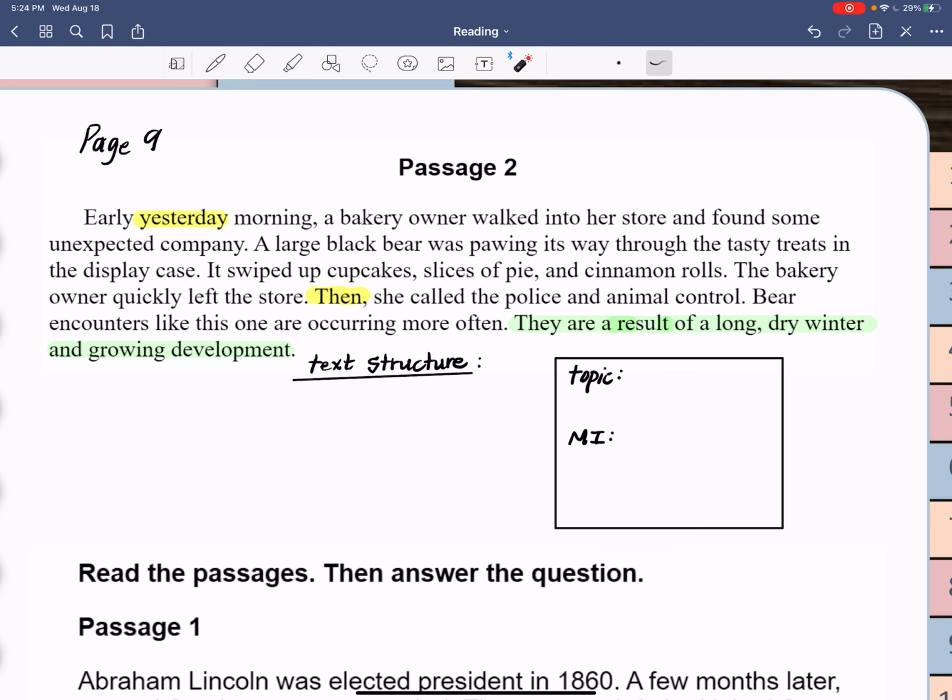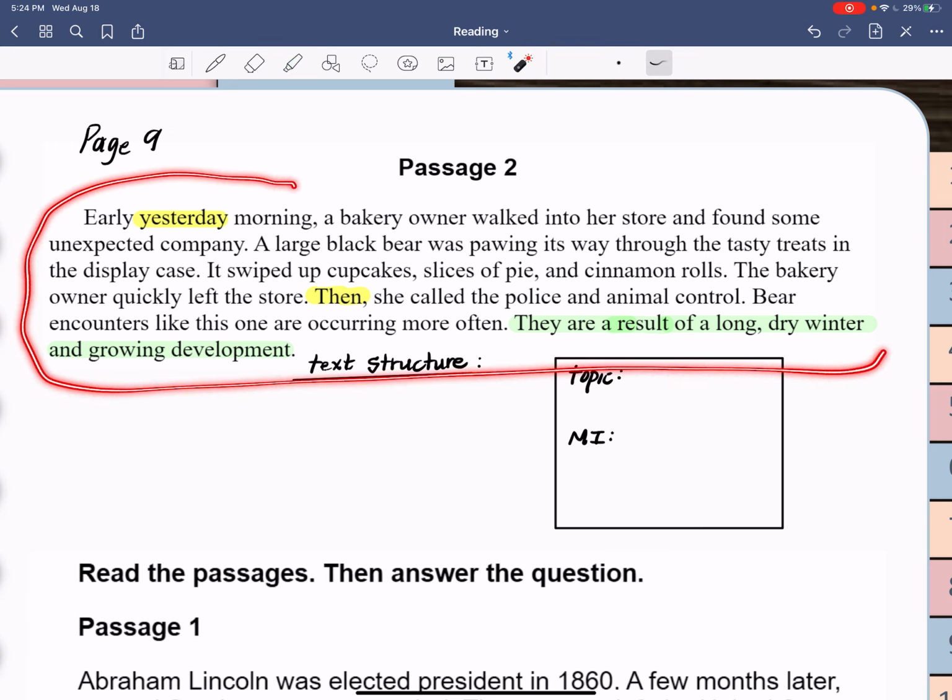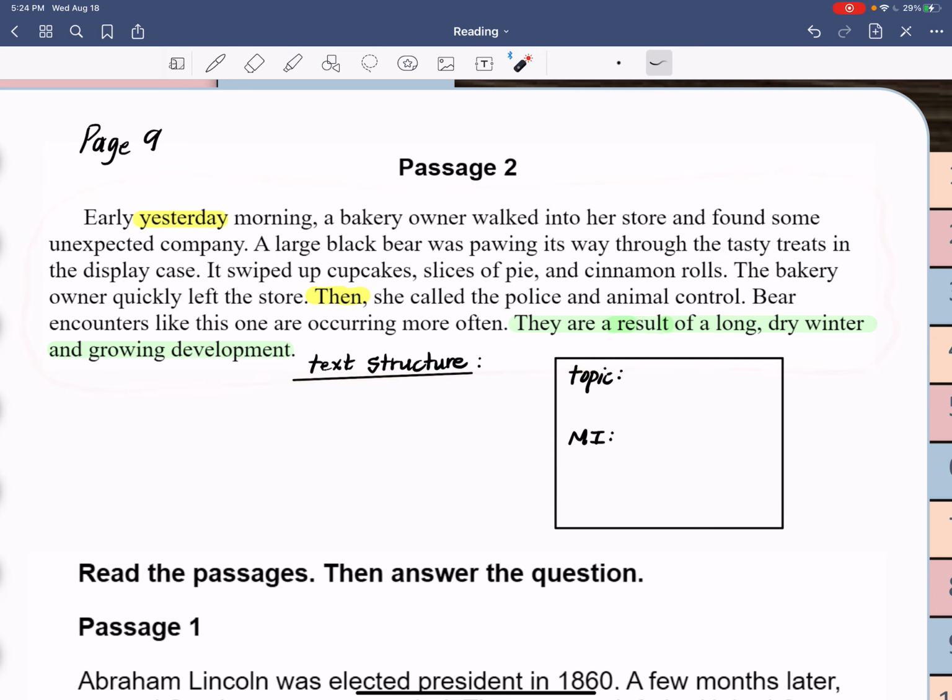But you want to take the entire passage when you decide on the structure. In this case, this is a chronological passage because it's telling me step by step what happened in this story. So chronological, it is putting it in a time order.